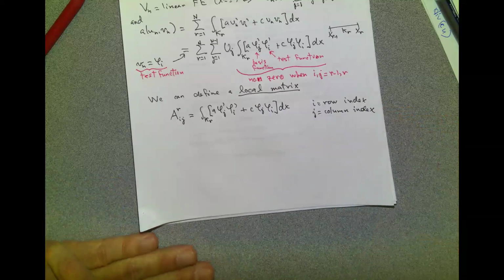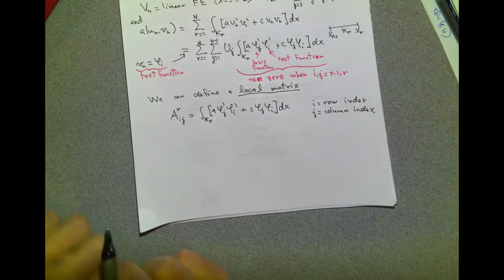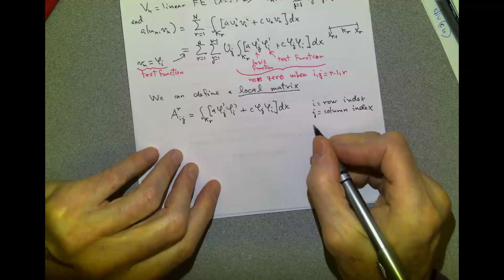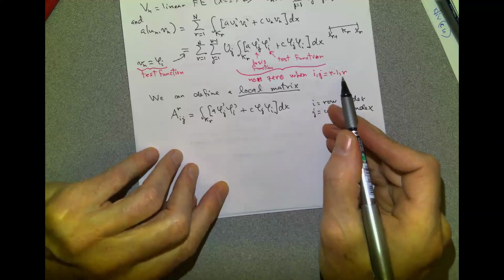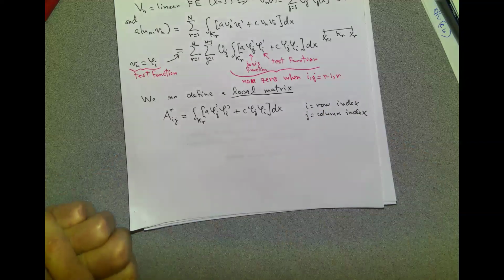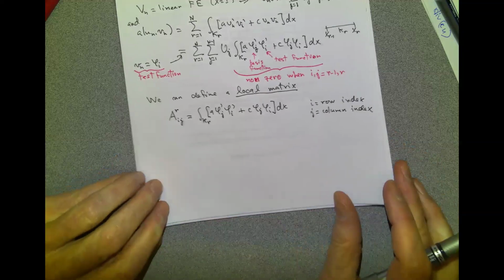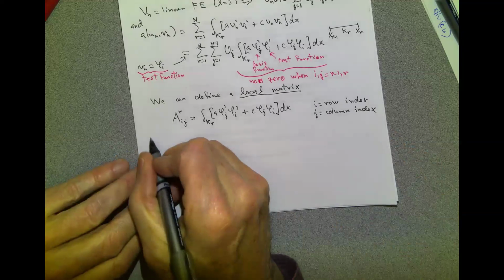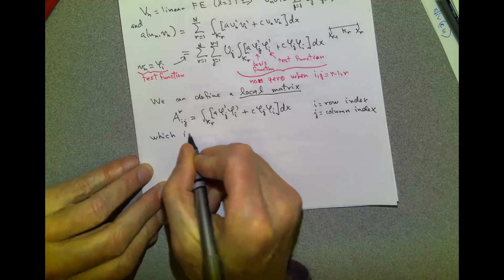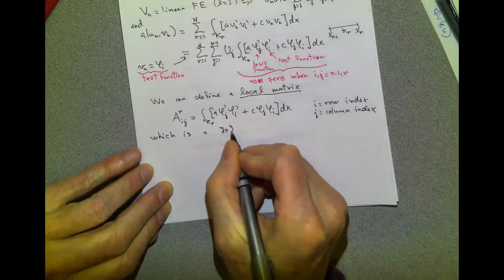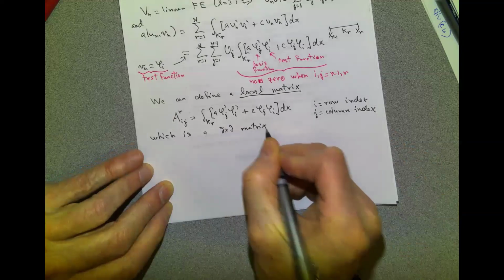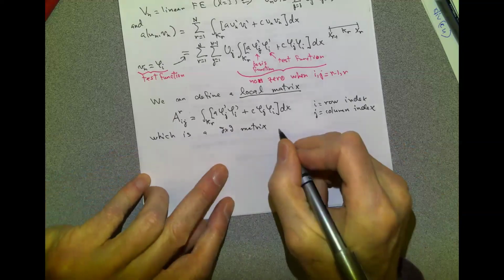Now, what should be the value? Well, in principle, we should have i, j equal to r minus 1, r. There is no point in actually keeping this index. I just need to know where I'm going to store it in the global matrix, and I'm going to use a local numbering. This is a 2 by 2 matrix for linear elements.